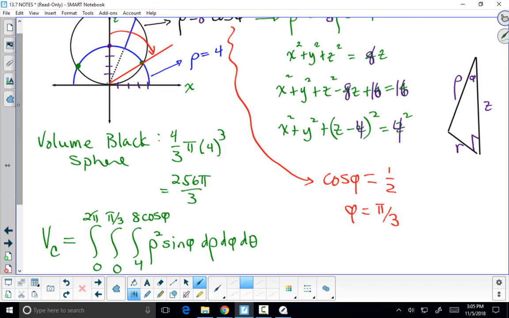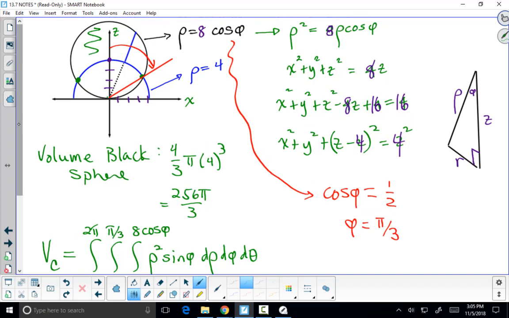So the black one is going to be the whole sphere volume. And then we're going to subtract off the helmet piece. So the helmet piece is the volume of all of that.